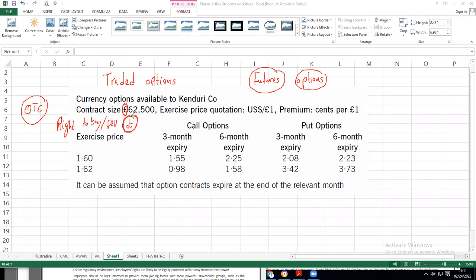The pound. So that's the first item to note. When you come here, we want you to talk about the pound. Regardless of what your exposure is, you need to tell us what you want to do with the pound.